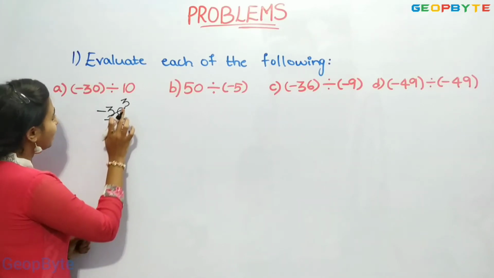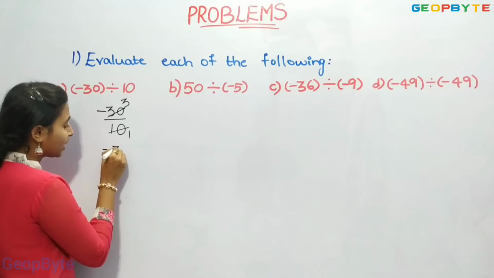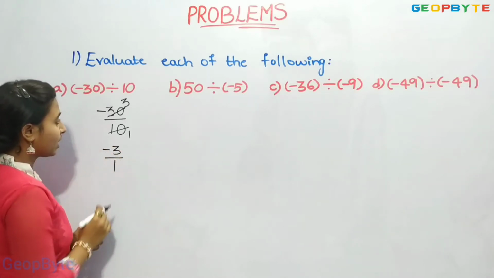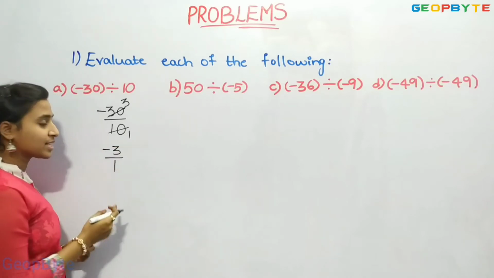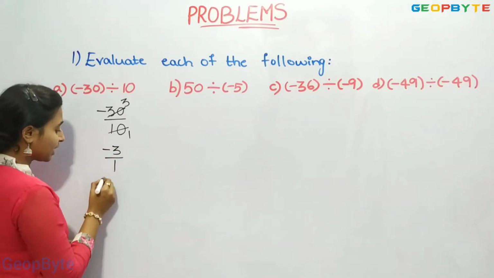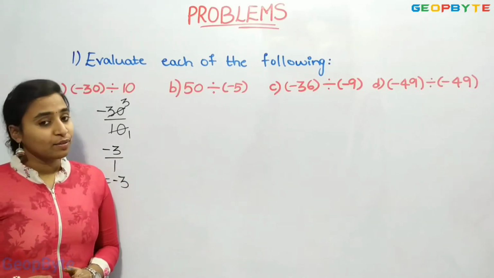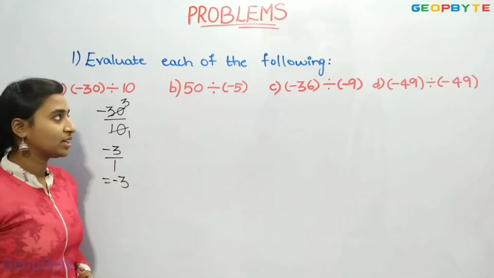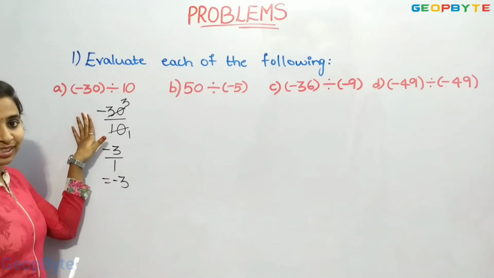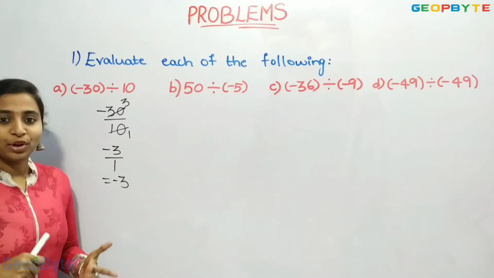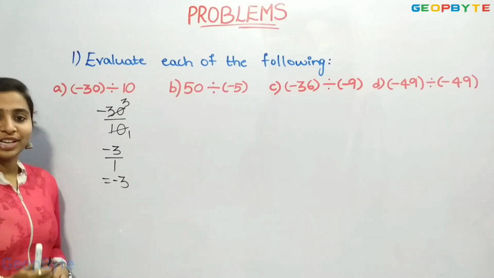We can write minus 3 by 1. Now, 3 by 1 is 3, so the answer is minus 3. We got a negative integer, which means here we have only one minus sign, that is an odd number of minus signs, so we got the answer as a negative integer.